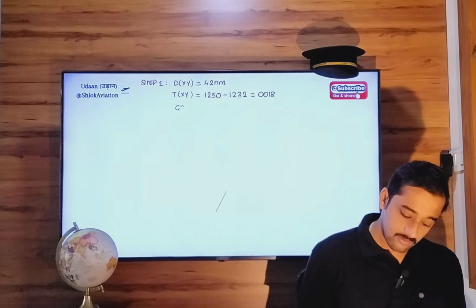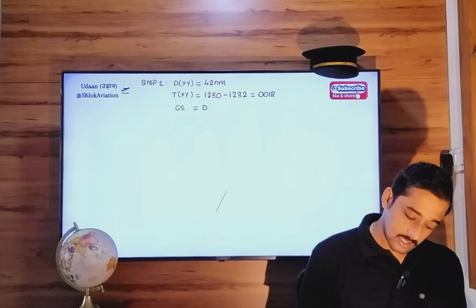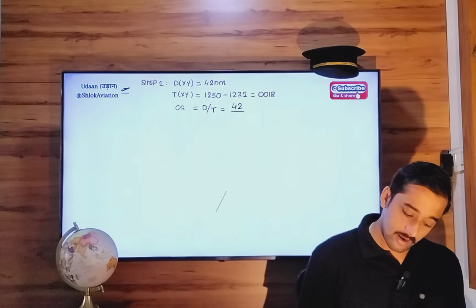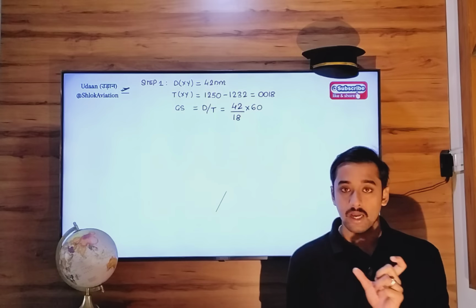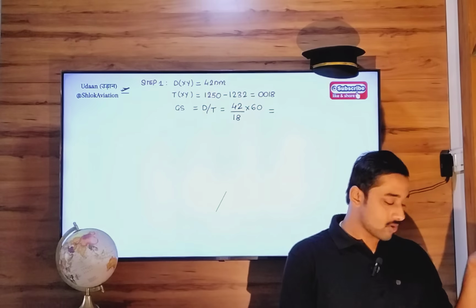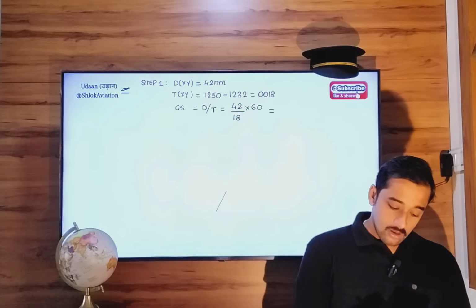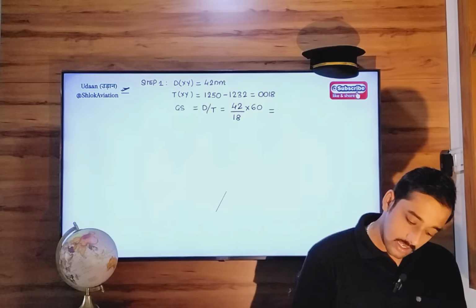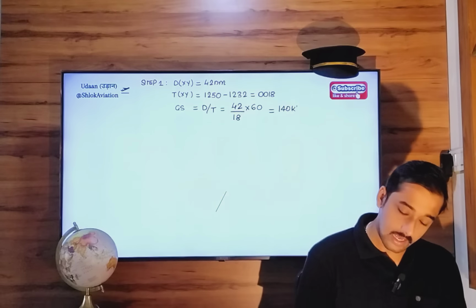So now ground speed will be distance divided by time, 42 divided by 18 multiplied by 60. Convert 18 minutes into corresponding hours. So 42 into 60 divided by 18 is 140 knots. Next, step number 2.